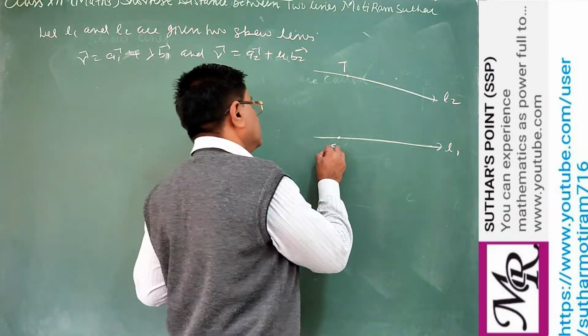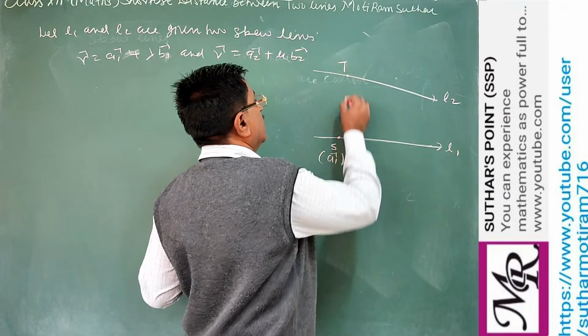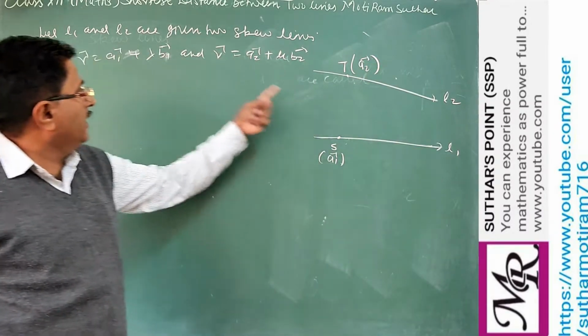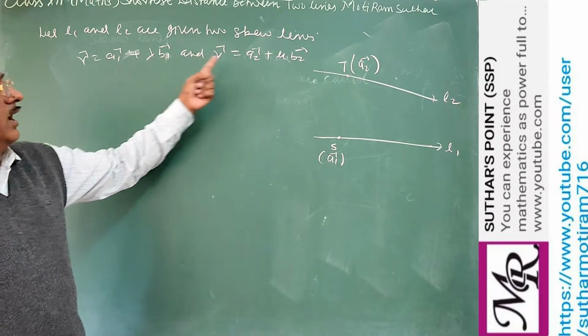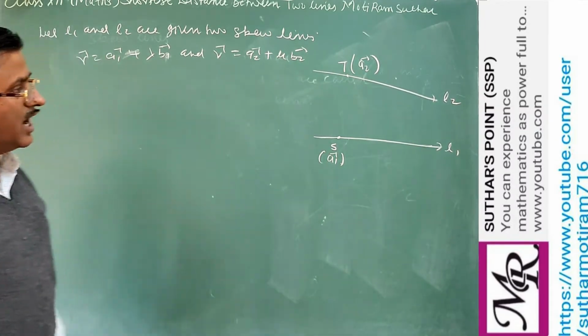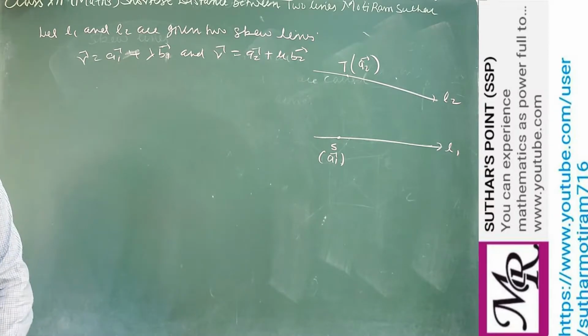So its position vector is vector A1, and for the second line it is vector A2. Now the first line is parallel to vector B1 and the second line is parallel to vector B2. This is what we are supposing here.